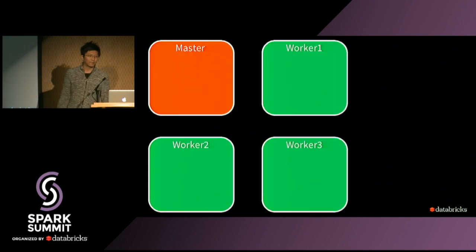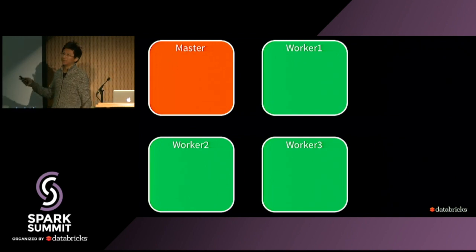Okay, let's go to today's topic. First of all, Spark is an engine that runs on clusters, so it's very important to understand the resource management across clusters. A typical Spark cluster consists of a single master and several workers. If we use another resource manager like Yarn or Mesos, it will be something similar, but with different names.